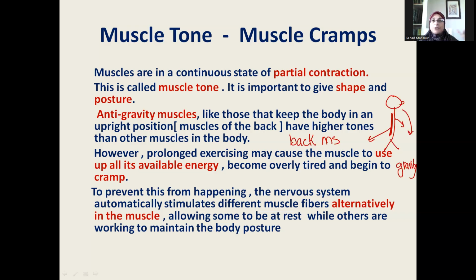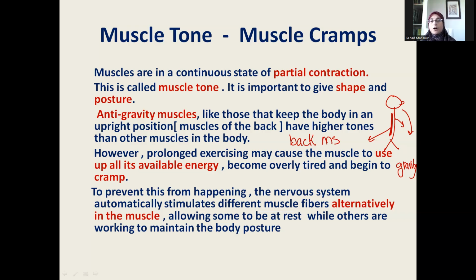This continuous state of partial contraction, of contraction of a certain percentage of myofibers, is what we call the muscle tone. And the muscles that have the greatest tone in your body are the anti-gravity muscles that lie at the back.